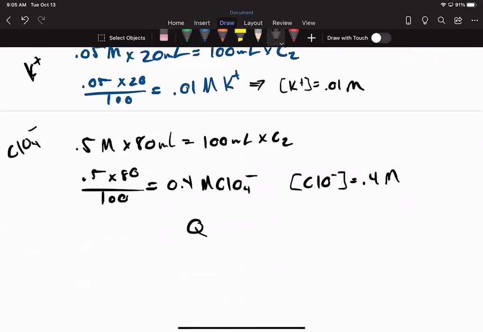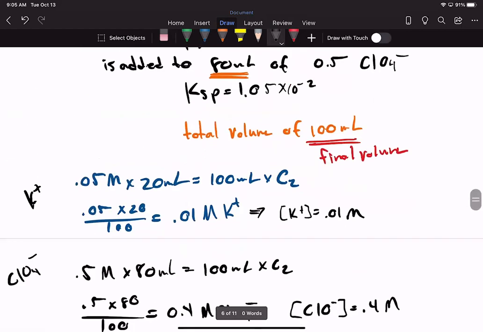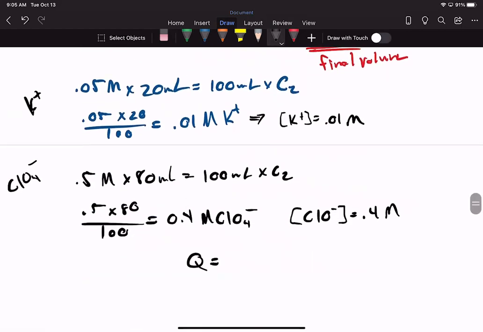So we're going to calculate Q. What is the reaction here?